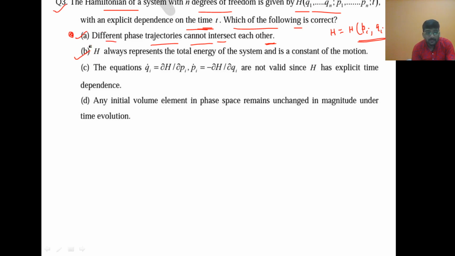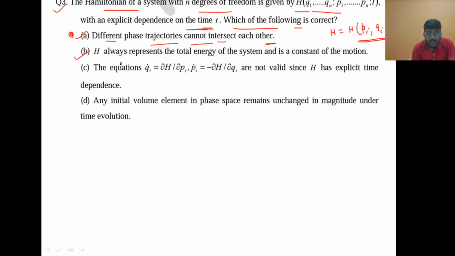It can be, okay. But as this is a single answer type question, we have to take the most correct or the most appropriate answer. So let me see the other options.